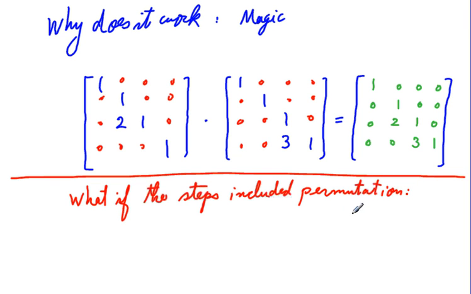In that case, we are not going to have a simple A equals LU. That doesn't work anymore, because in your process you swap things around. It doesn't work just that nicely. We cannot guarantee that you can break it up into this type.